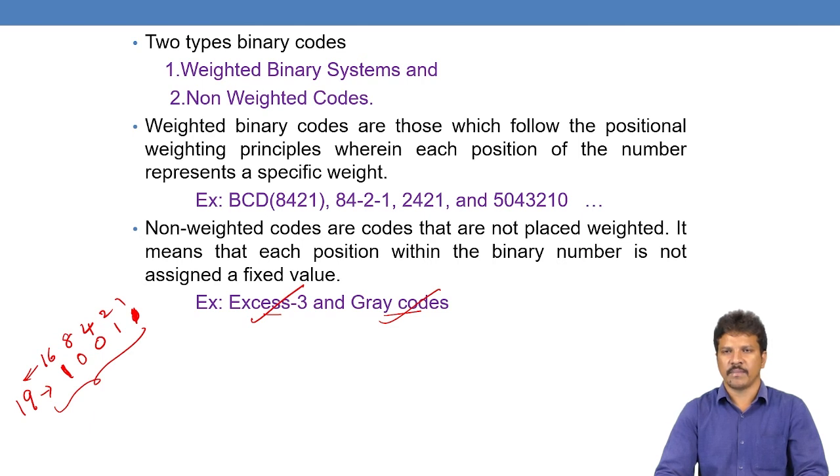XS3 code is just an excess of the given binary number, and for gray code we convert binary to gray code, where only a 1-bit change occurs in the bit frame. These are considered non-weighted codes.